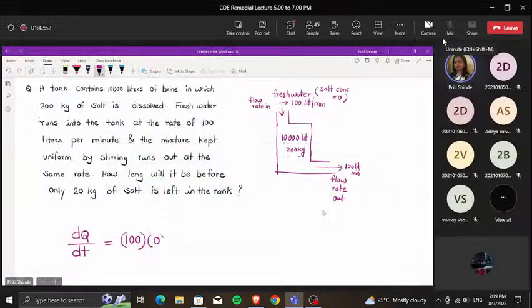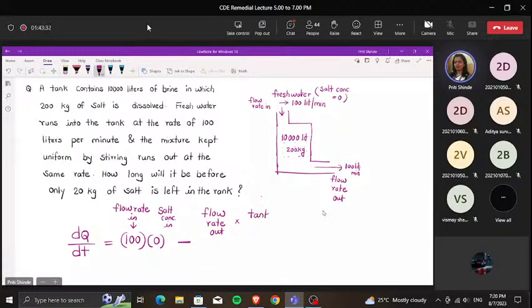So the first term, see your formula, is flow rate in and salt concentration in: 100 into 0. Then minus your next term, flow rate out. Remember your formula carefully: flow rate out into tank salt concentration.